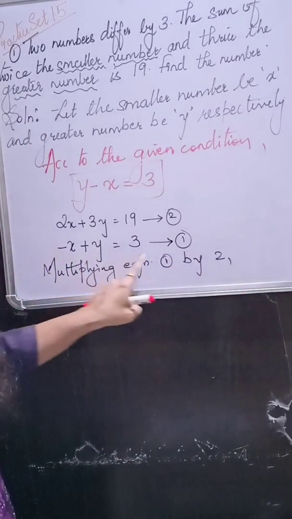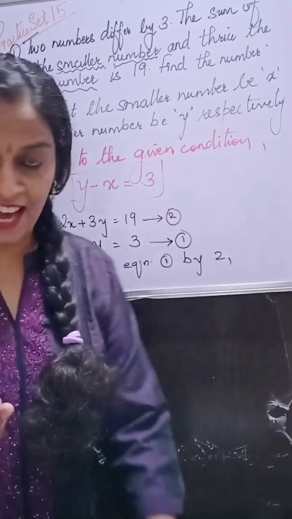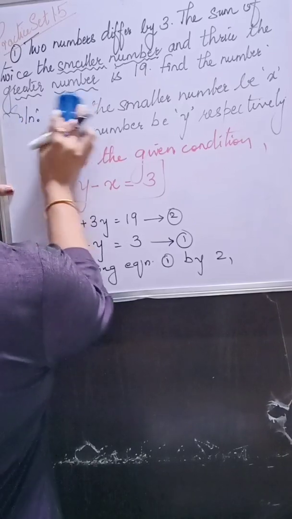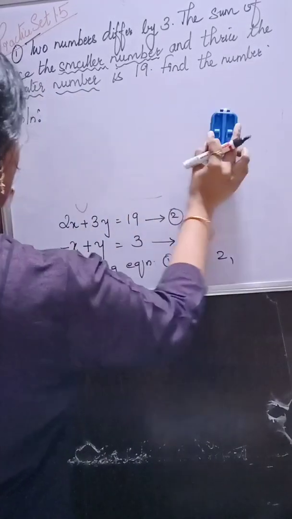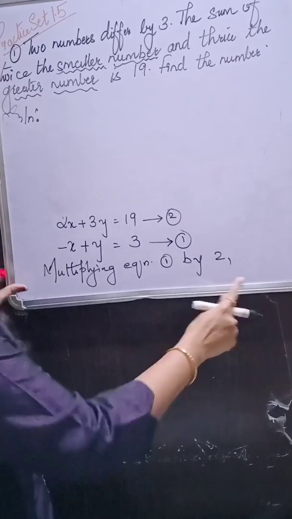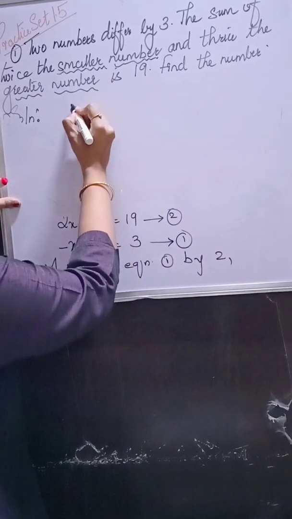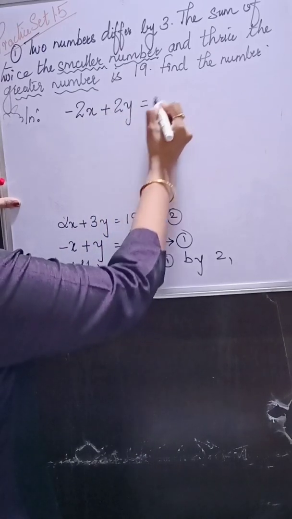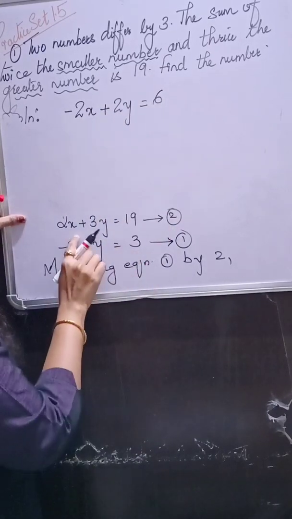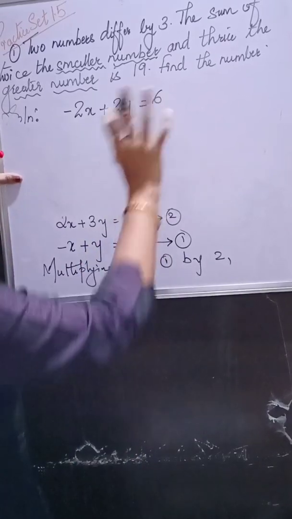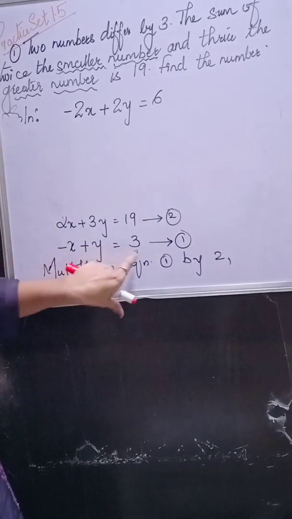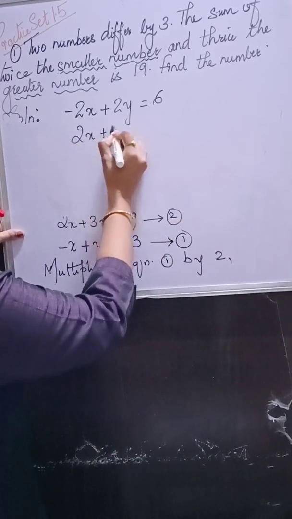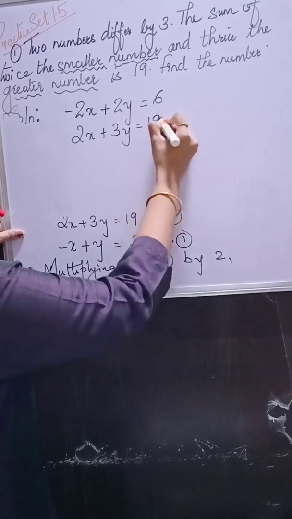When you multiply equation 1 by 2, you will get minus 2x plus 2y is equal to 2 3s are 6. So everywhere you multiplied by 2. The second equation I will write below: 2x plus 3y is equal to 19.